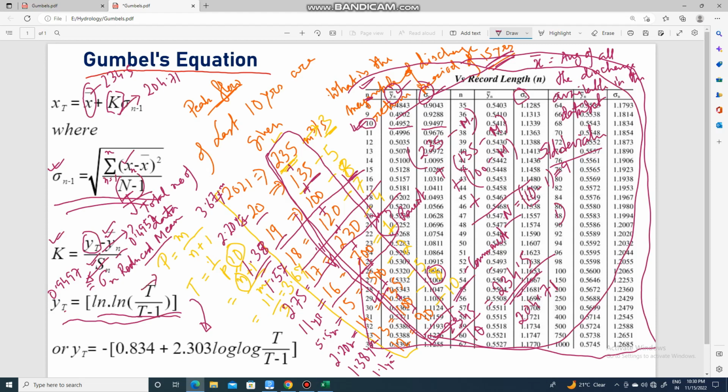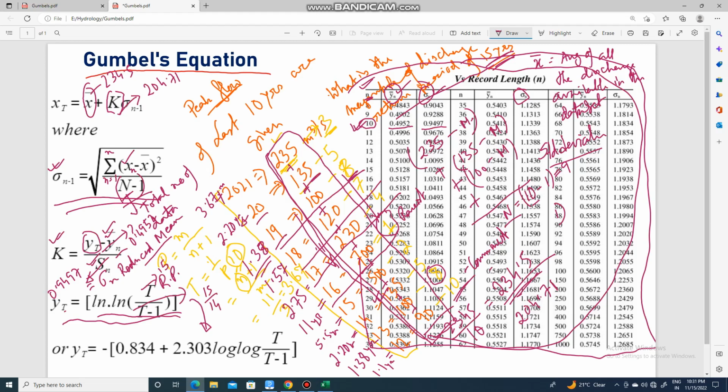As you know, this T is return period. We want to find the discharge of an event which has a return period of 15 years. So this T will be 15. So this entire expression will become 15 by 14, T minus 1.